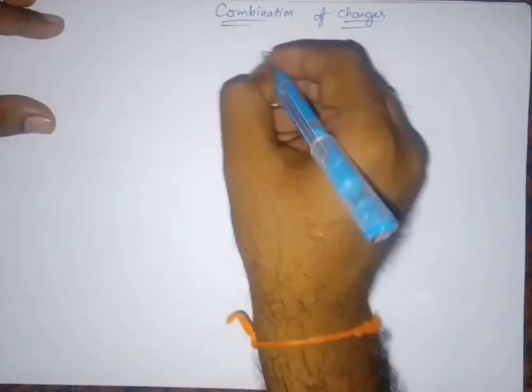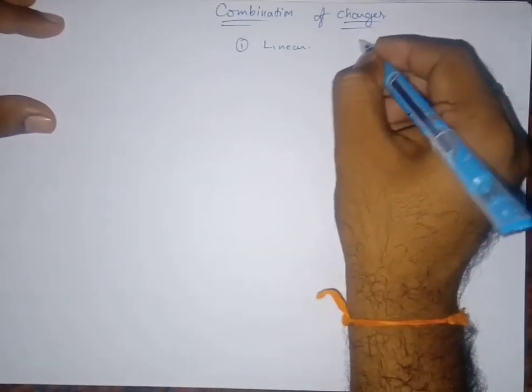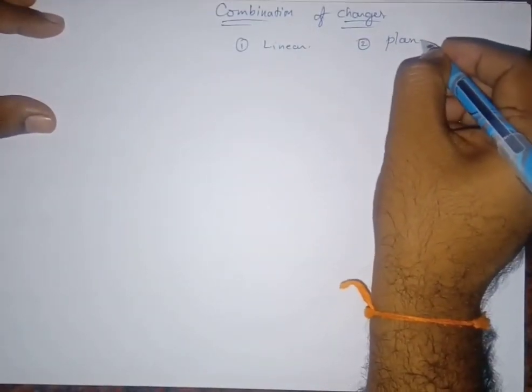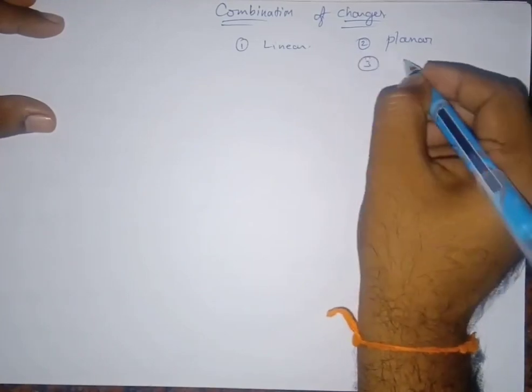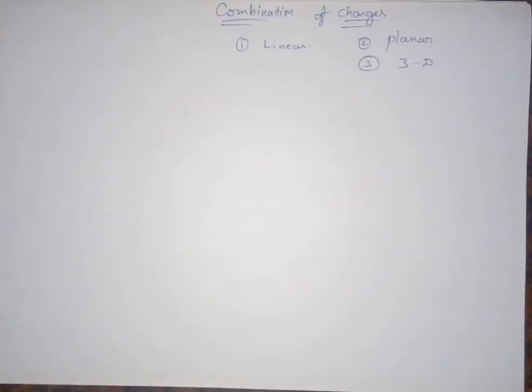So what is this combination of charges? You can have linear combination, you can have planar combination, you can also have three-dimensional combination. That means the charges are distributed linearly, planarly, or three-dimensionally. Let us take one example.